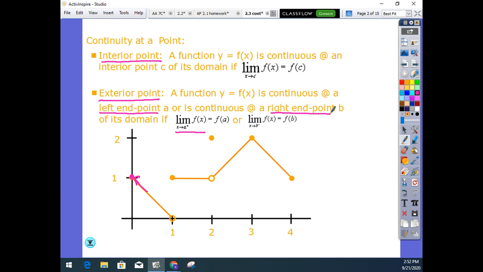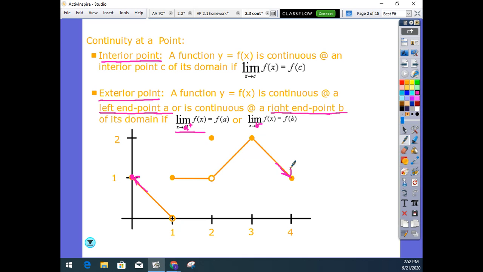The right endpoint, because notice that the left endpoint A, this is A from the right. It's continuous at the right endpoint B, B from the left. So B is only from the left because there is no right side of the endpoint.